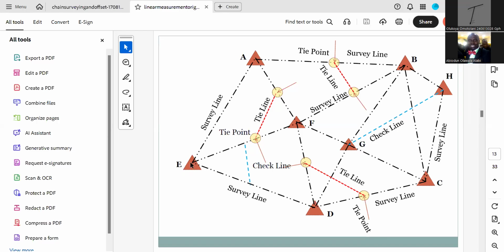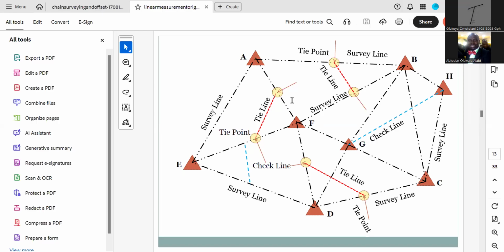So look at it now, this line now, joining these fixed points here on any two sides of a triangle. So this is one side of a triangle. This is another side of a triangle. So this is a check line. This is also a check line.